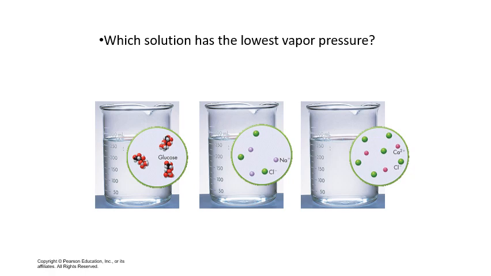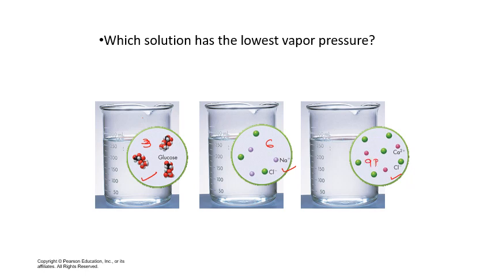For example, consider these three beakers with different solutes. The first one has glucose, the second one has sodium chloride, and the third one has calcium chloride. We can see that in the case of glucose, we have only three particles, whereas in the case of NaCl, we have six particles, and in the case of calcium chloride, we have nine particles.